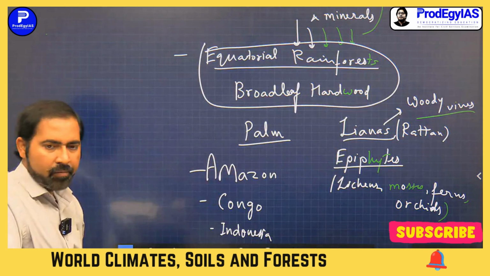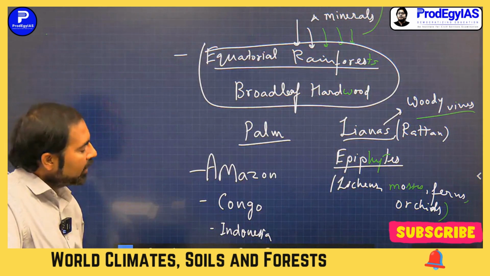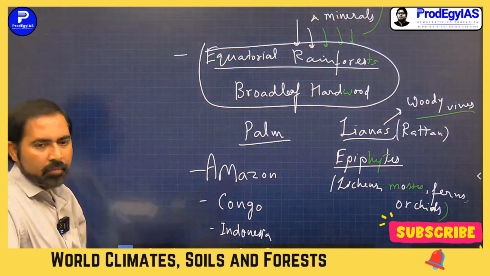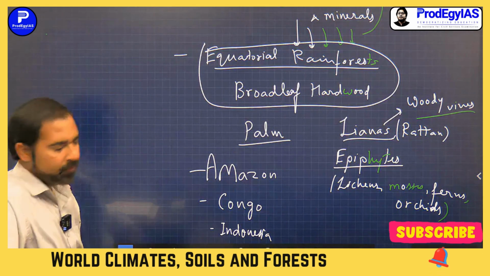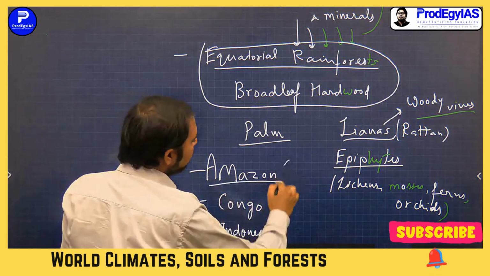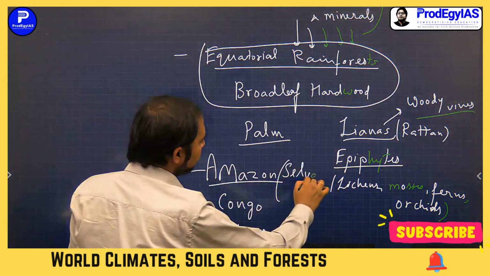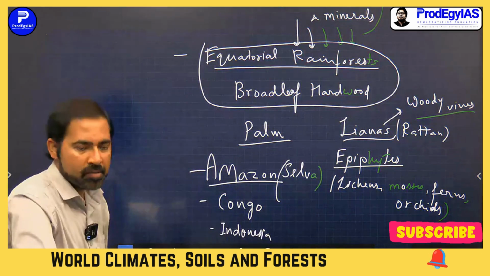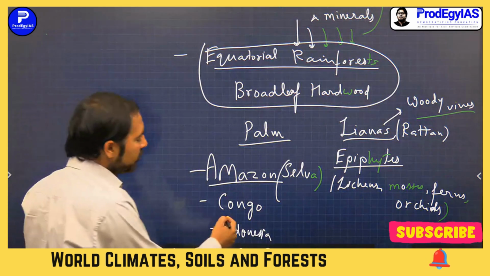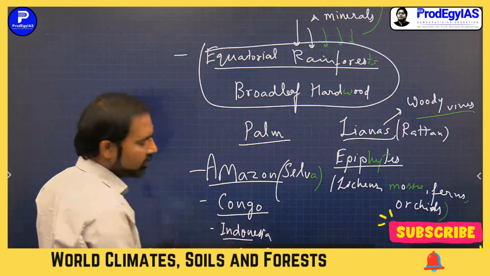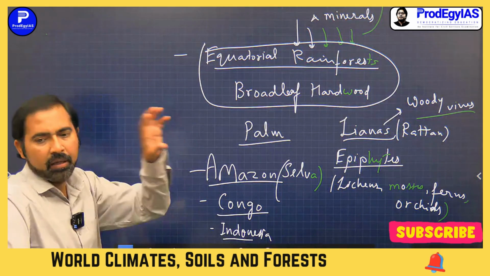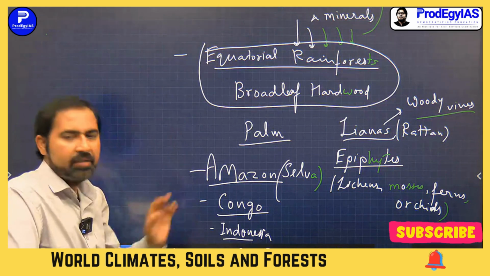In Brazil and around Venezuela, in the Amazon region, they are known as selvas, selva forests. They are also found in Congo, in and around Indonesia. Their largest concentrations are in these three regions.